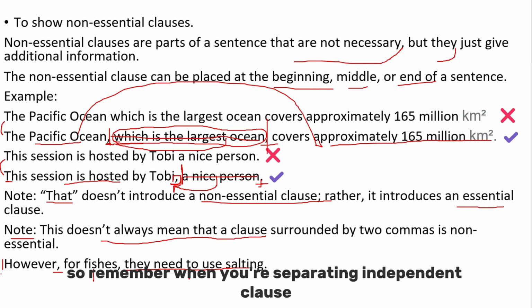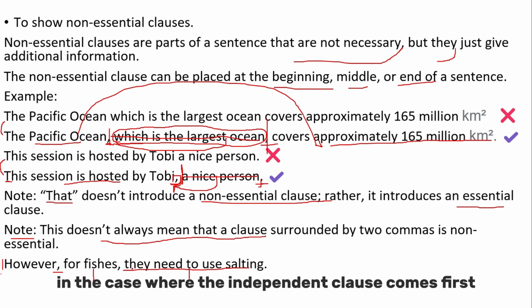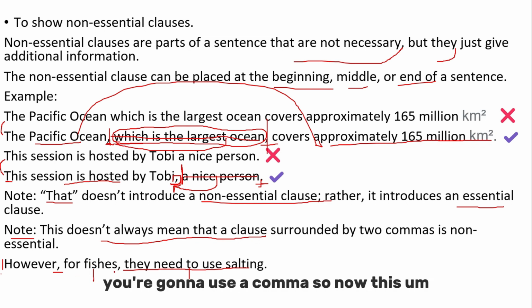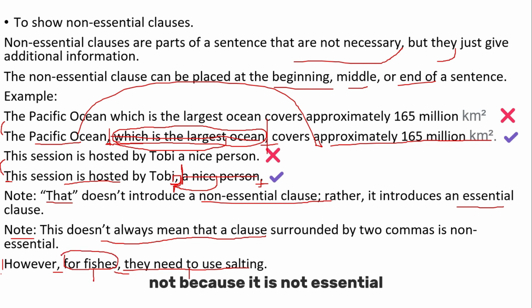So remember, when you are separating a dependent clause from an independent clause, in a case where the dependent clause comes first, you're going to use a comma. So now this phrase, for fishes, is surrounded by two commas, not because it is non-essential, but because of other grammatical rules that need to be followed.